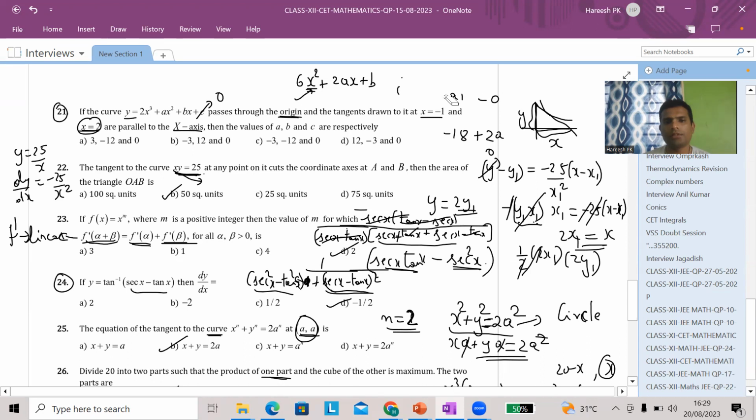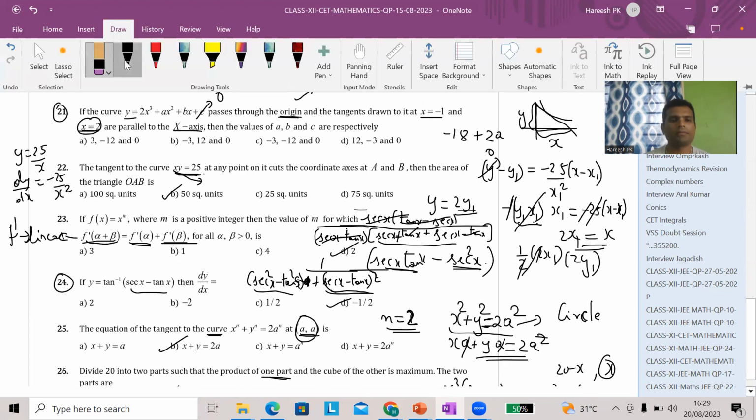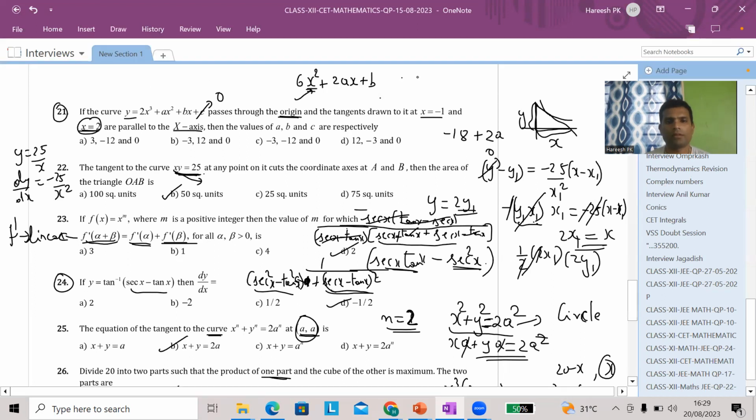So the first equation, when you put x as minus 1, you'll end up getting 6 minus 2a plus b equal to 0. And in the second equation, when you put x as 2, you'll get 24 plus 4a plus b equal to 0.